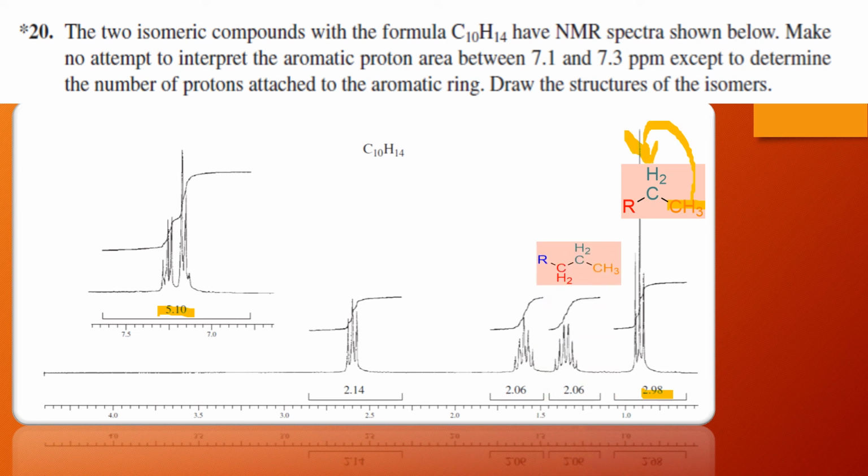Next move here, and you can see this is basically a sextet, right? The integral value here is 2.06, which means that there are 2 protons, and these 2 protons are giving us a sextet. Why? Because there are 3 protons and 2 protons, so 3 and 2 would be 5, and 5 plus 1 would be 6, right?